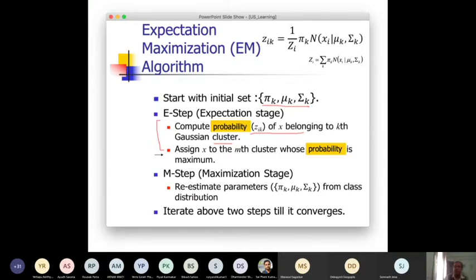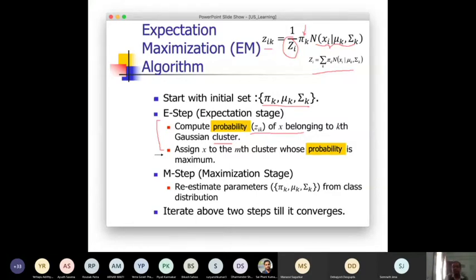You can see that Zik is the corresponding density function of the kth group, multiplied by the corresponding mixture coefficient, which acts like a prior, and there is a normalizing term so that the sum of Zik over all k is equal to 1.